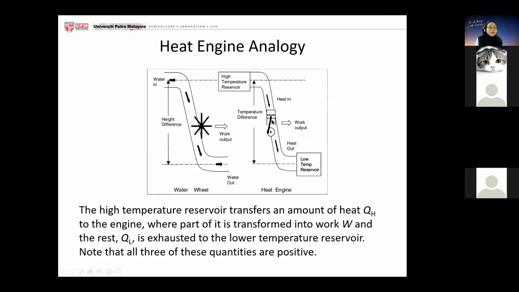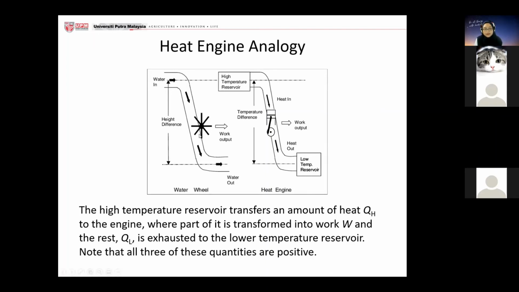This is related to what we saw a few slides before with the pistons. That is how you can get useful work from the movement of pistons.